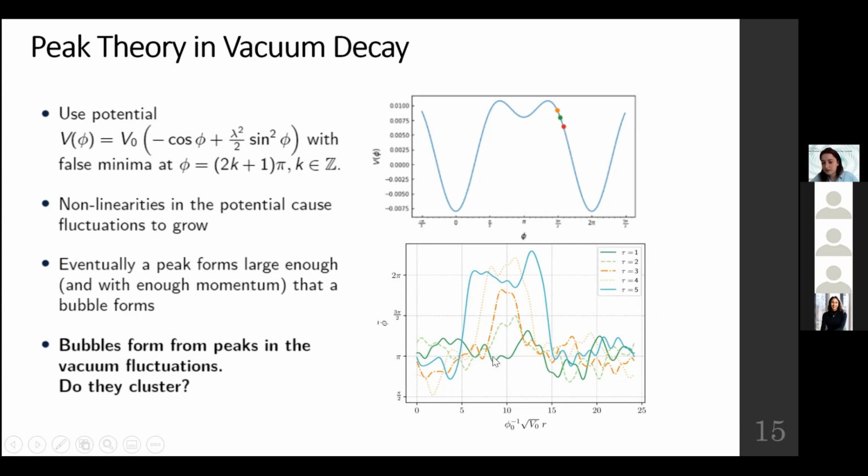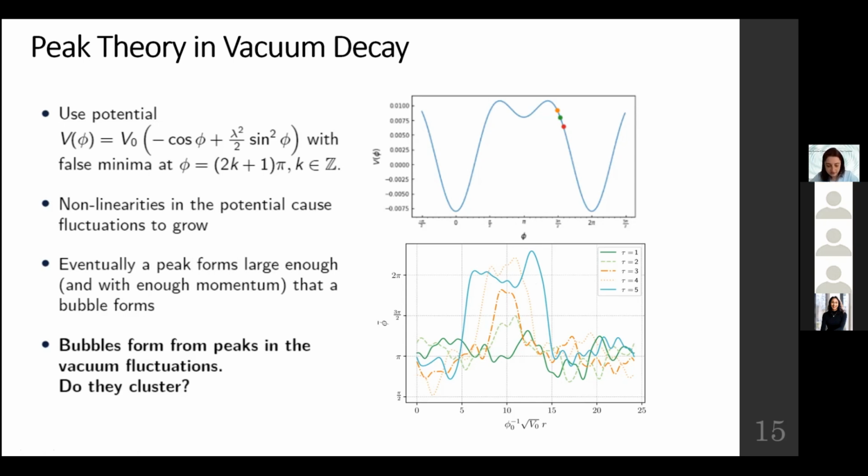So we start with the field in this dark green instance, and then as we let time flow, we see that the peak originally here moves, it travels across the lattice, in this case to the left, and then it grows. Eventually, when it reaches the 2 pi amplitude, so this corresponds to the depth of the right-hand side true vacuum well, it begins to expand, and it will expand until eventually it engulfs the entire lattice.